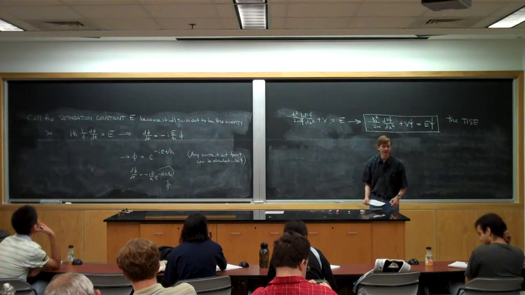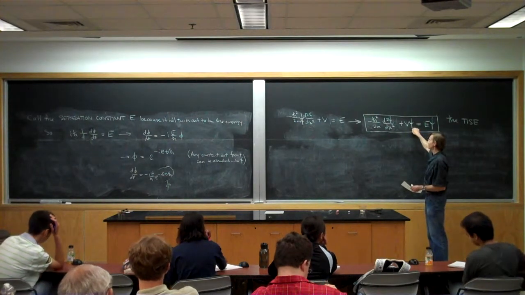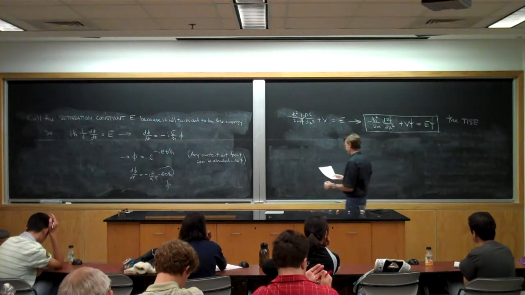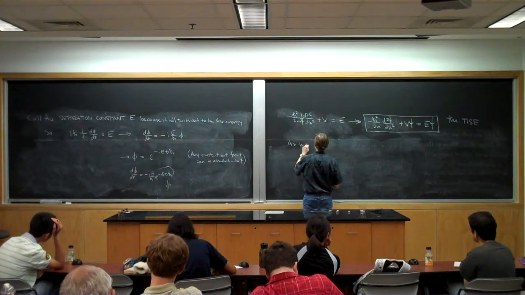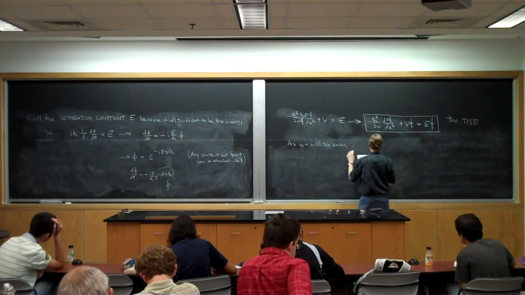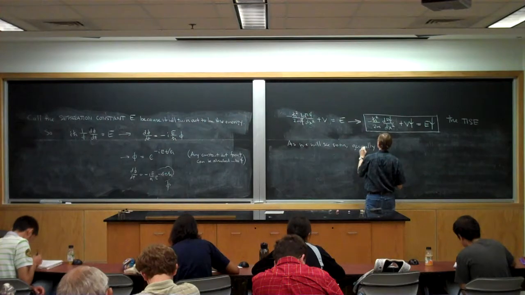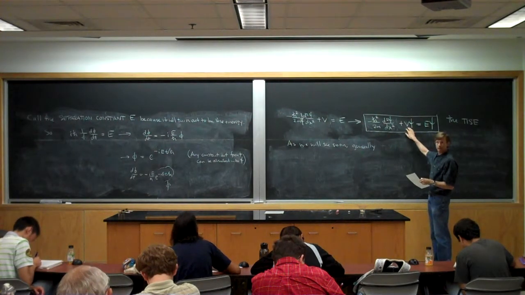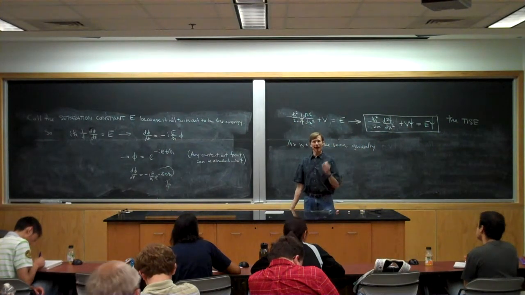Okay, any questions? So our task for a while is going to be solving this one-dimensional time-independent Schrodinger equation. When solving a differential equation, not only do you need to know what the equation itself is, but you need to know boundary conditions.